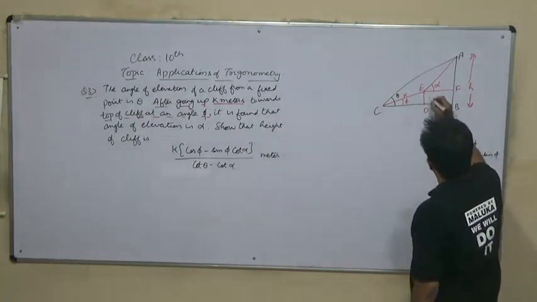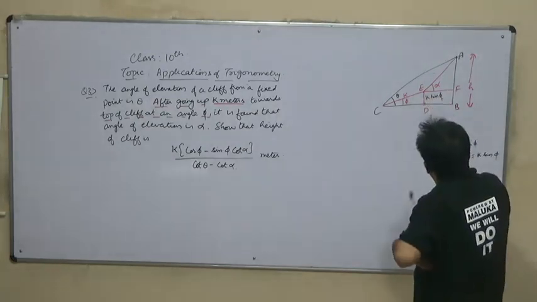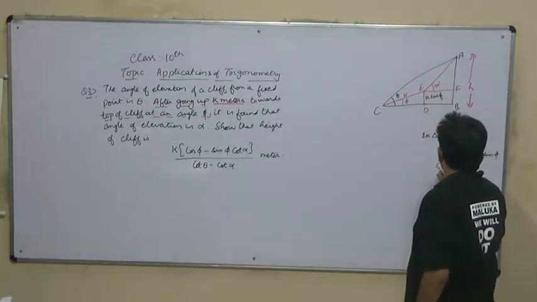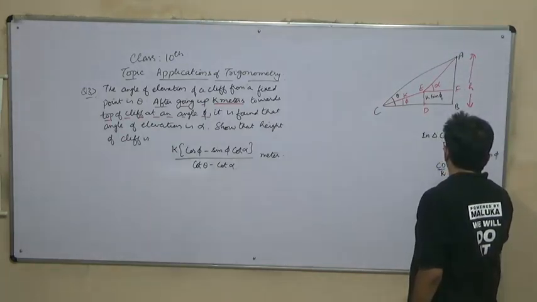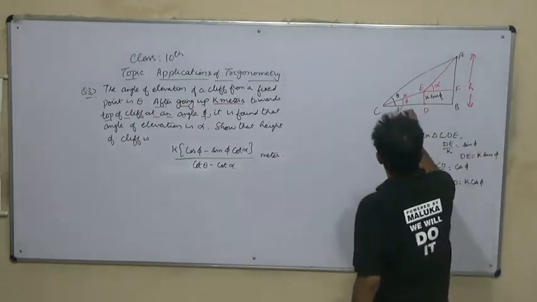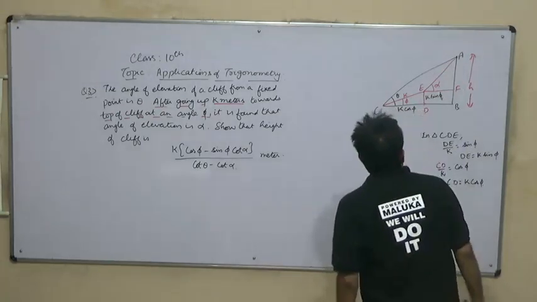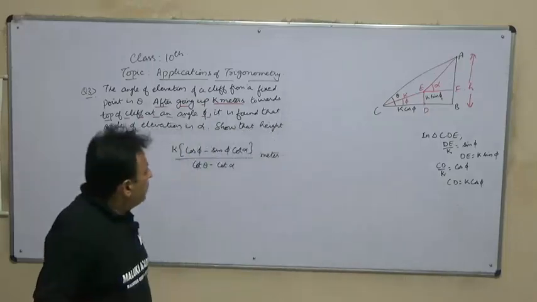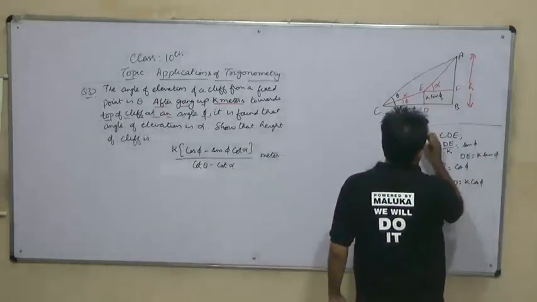Similarly we can find CD upon K. CD upon K is equal to cos phi, and CD is equal to K cos phi. Now we take these values we have found and written down.